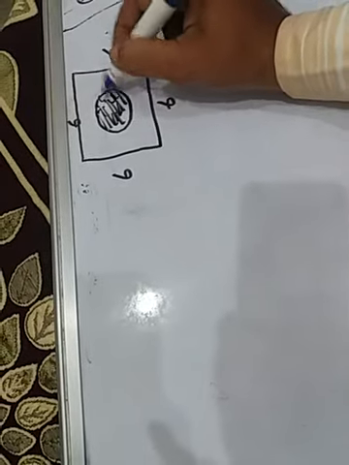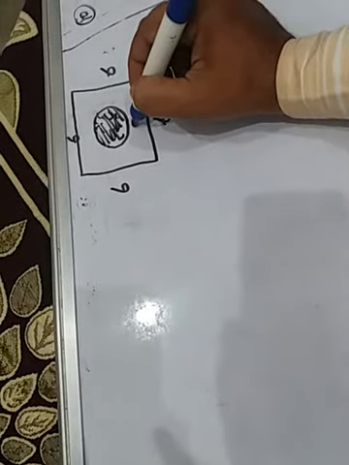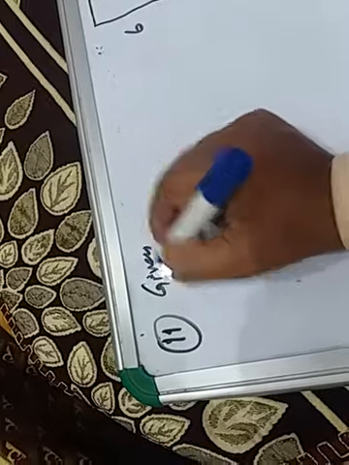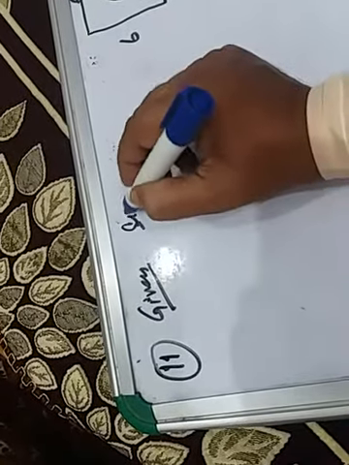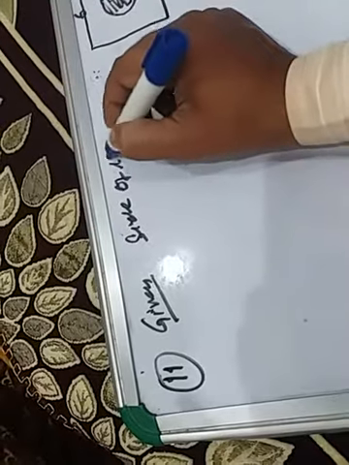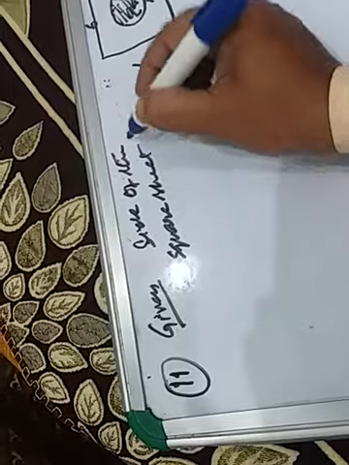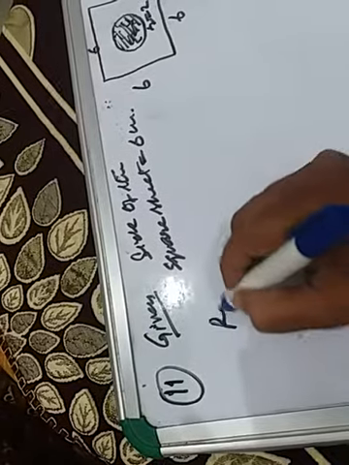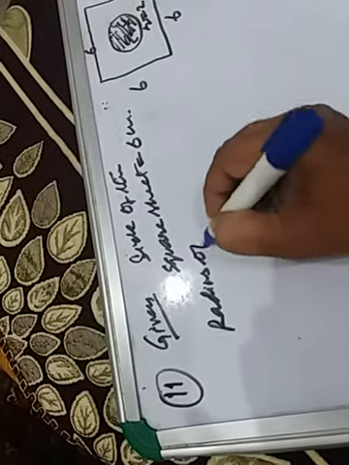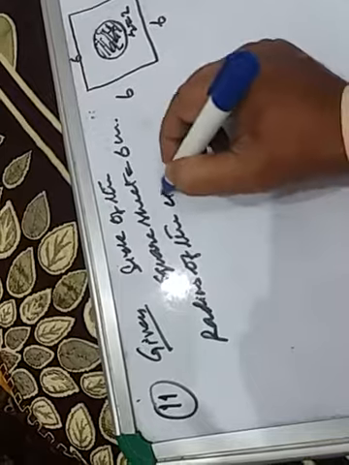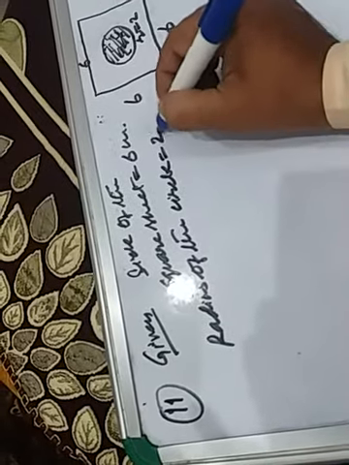Now we have to find out what? Here r equal to 2. We have to find out the area of the leftover aluminium sheet. What is given? Side of the square sheet equal to 6 cm, and the radius of the circle equal to 2 cm.